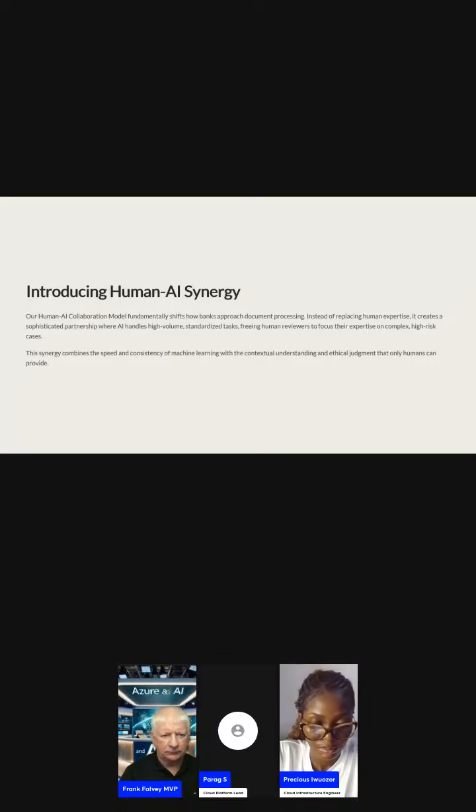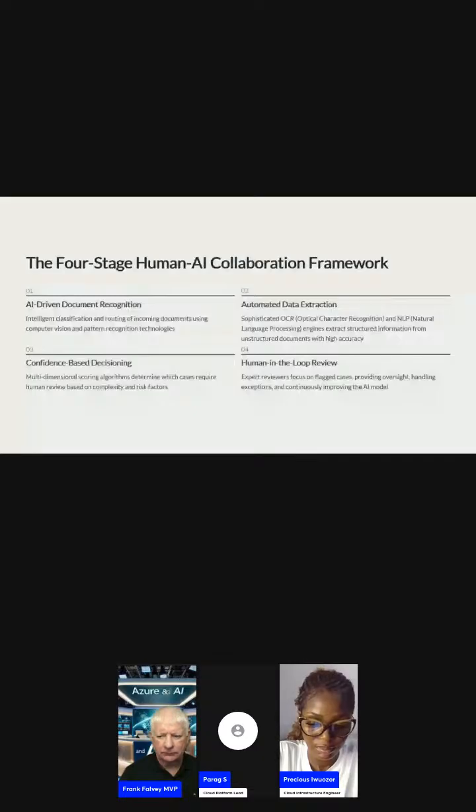It is divided into stages, right? One is AI-driven document recognition, with intelligent classification and routing of incoming documents using computer vision and pattern recognition technologies. Second, automated data extraction, with sophisticated OCR, which is optical character recognition, and natural language processing.